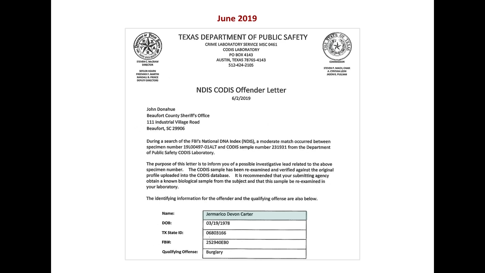We did get a hit to an individual named Jermerico Carter, and not only had he been in and out of the prison system throughout his life, he's a habitual criminal, but we did some background investigation on him. He was known to not be incarcerated at the time Mr. Scheerhorn was murdered.